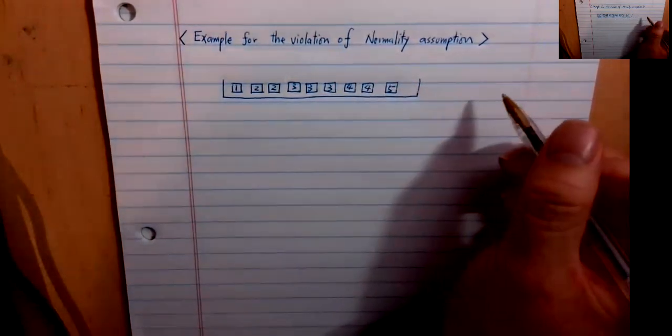In the box, there are tickets. You have one number one ticket, two number two tickets, three number three tickets, two number four tickets, and one number five ticket.